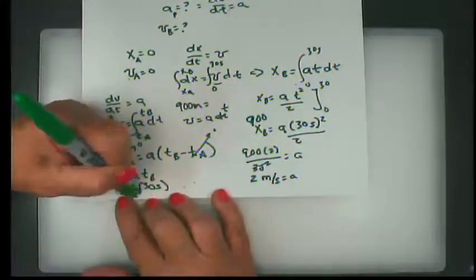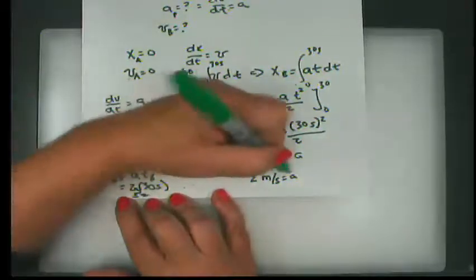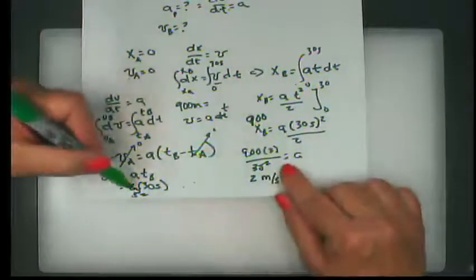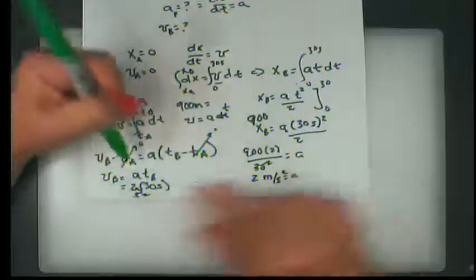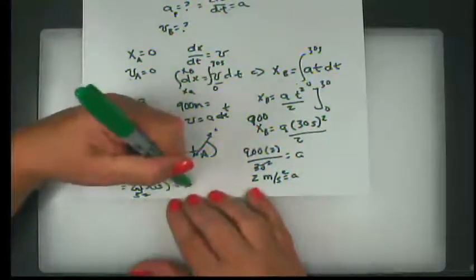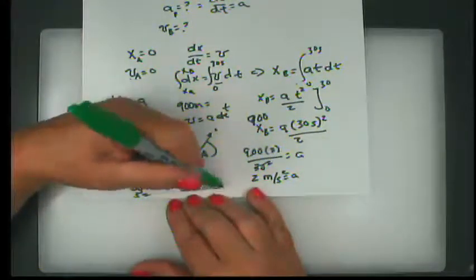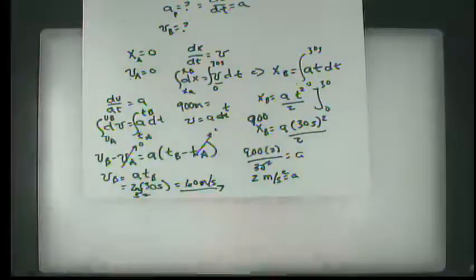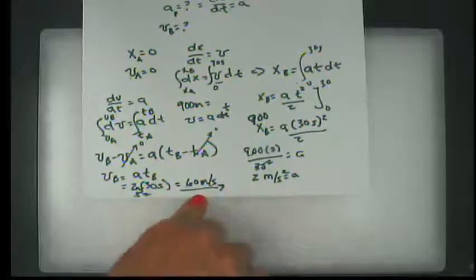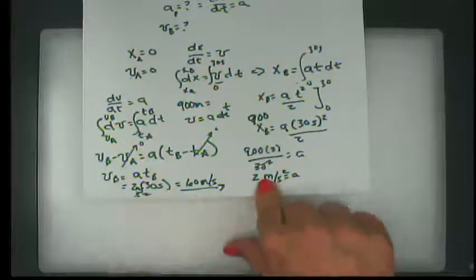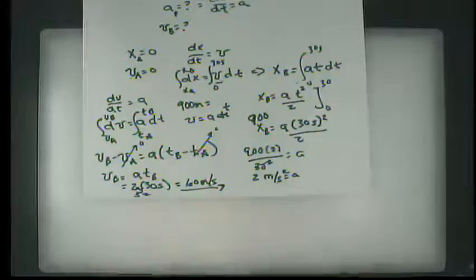This is meters per second squared, excuse me. So I'm left with 2 times 30, or 60 meters per second. Okay. So my takeoff velocity is 60 meters per second, and the acceleration is 2 meters per second squared.